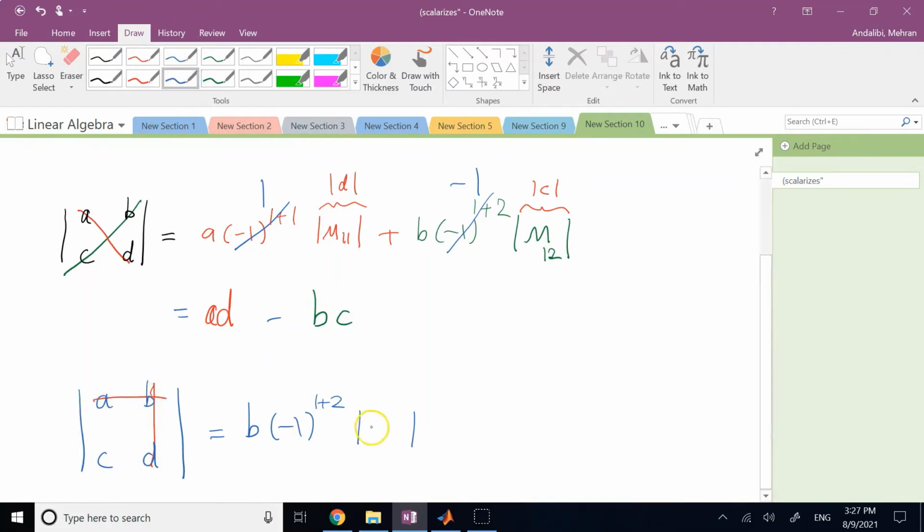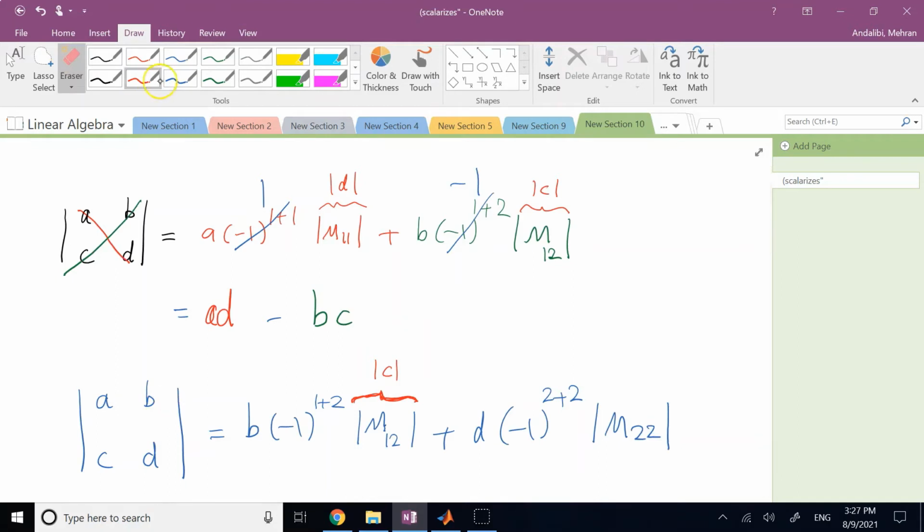So you might call that submatrix M12, and so clearly that is going to be the determinant of C, right? And then plus, now the next element, which is D times -1 to the 2 plus 2, because that's element 2, 2, determinant of a matrix that has the second row and second column eliminated.